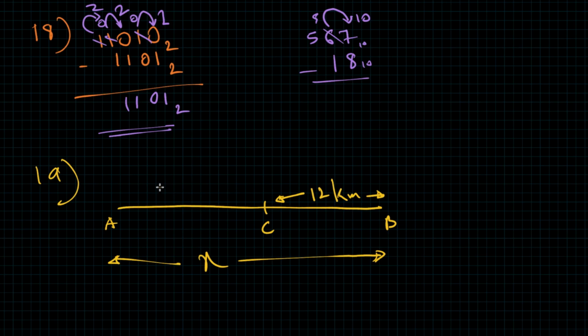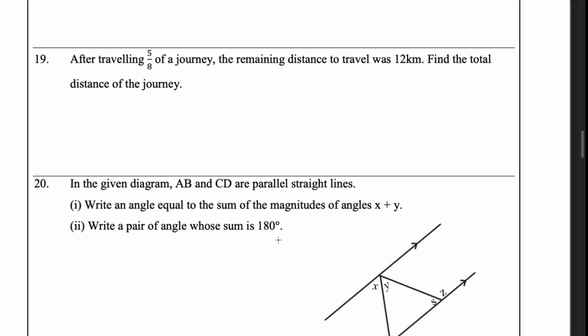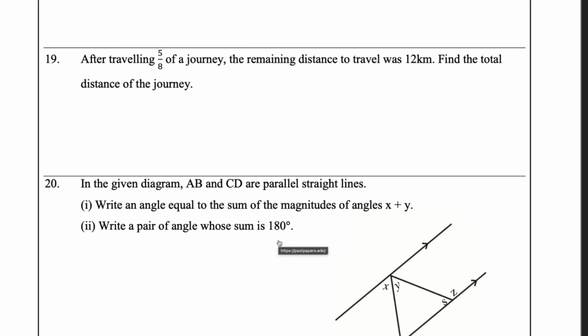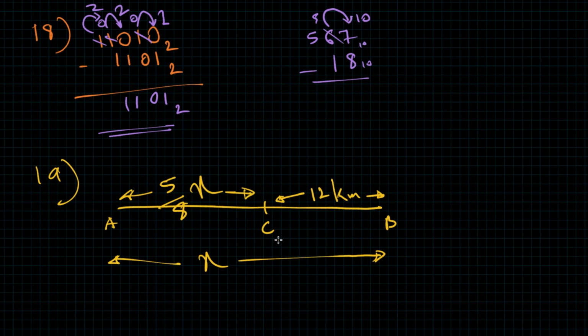It says from A to C, it's 5 out of 8 of X. This is 5 out of 8 of the entire distance, that is X. We need to find X.